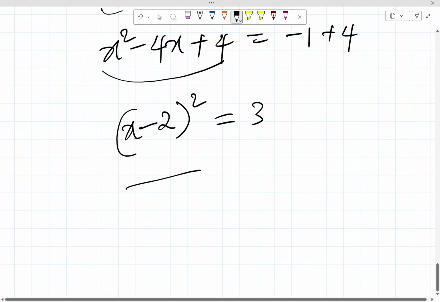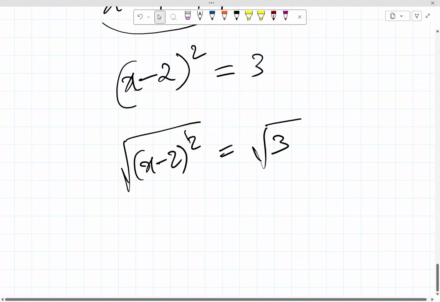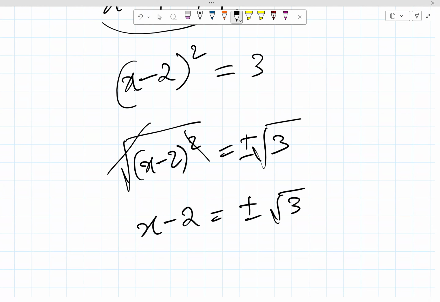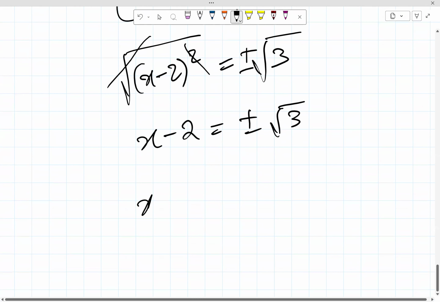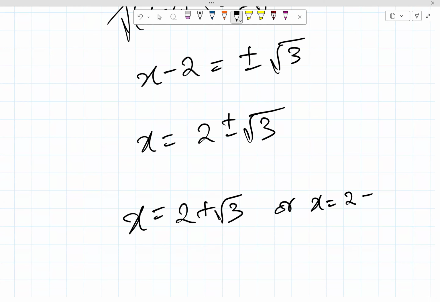The next thing, you take the square root. The square root of x minus 2 squared is equal to the square root of 3. This cancels this, and of course this is plus or minus here. So x minus 2 equals plus or minus root 3, so x is equal to 2 plus or minus root 3. That means x is equal to either 2 plus root 3 or 2 minus root 3.